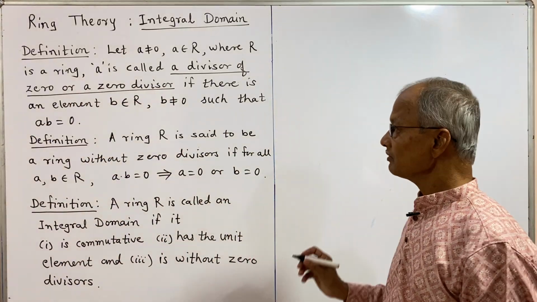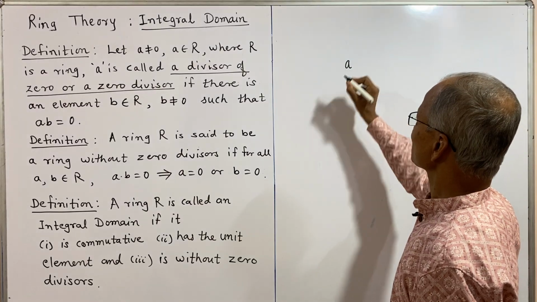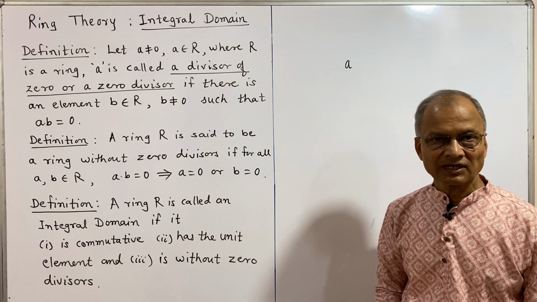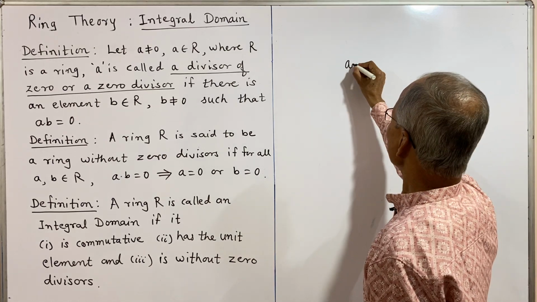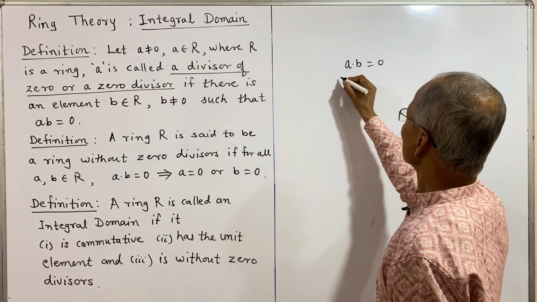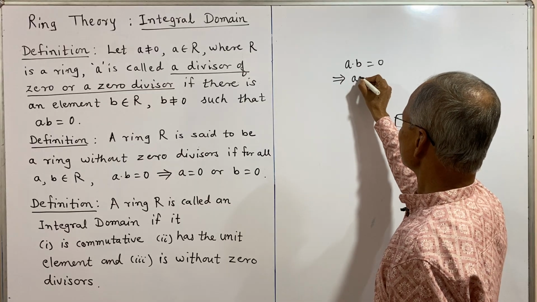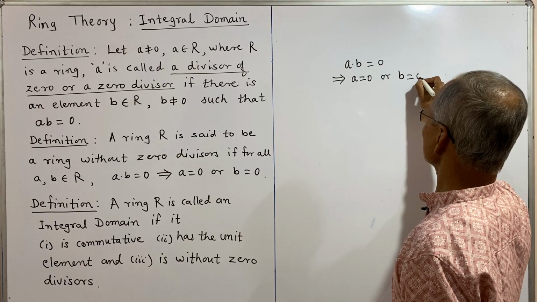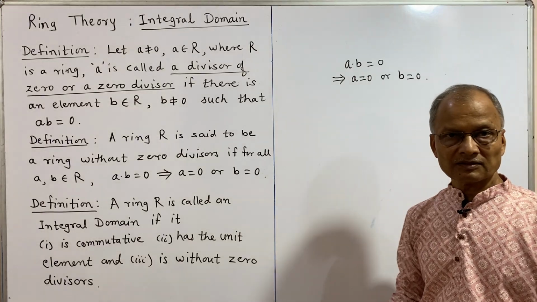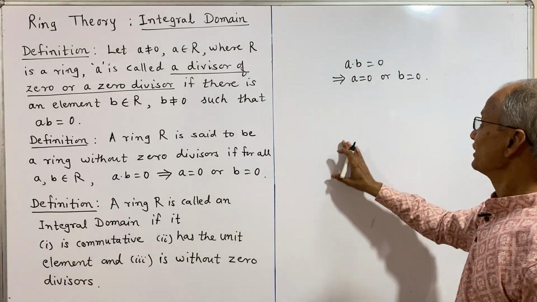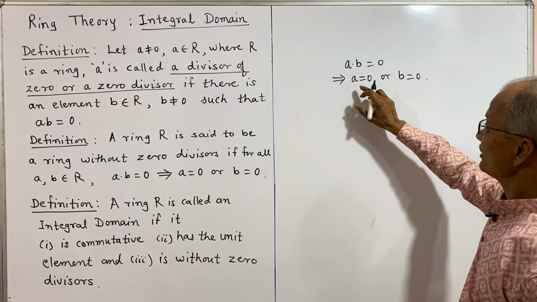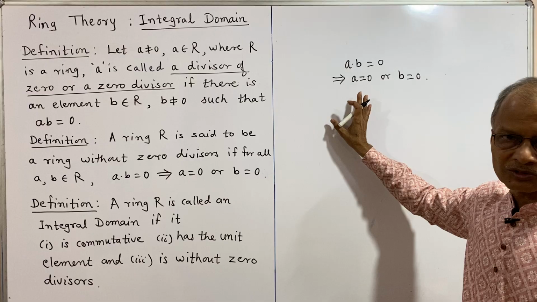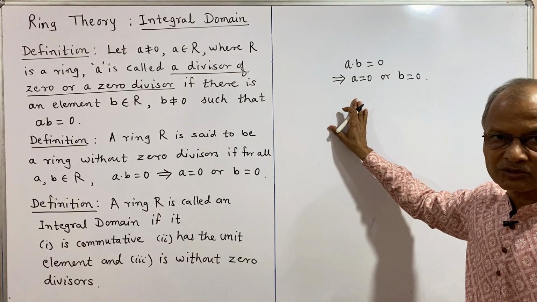Usually, for usual multiplication in the set of integers, rational numbers, real numbers and complex numbers, if a times b is equal to 0, then this implies either a is equal to 0 or b is equal to 0 or both are 0. Then and only then the product is 0.